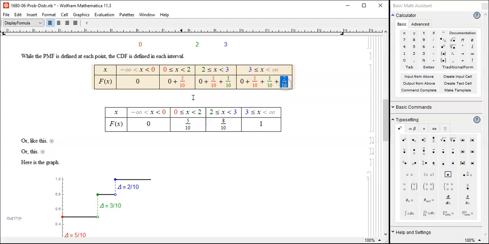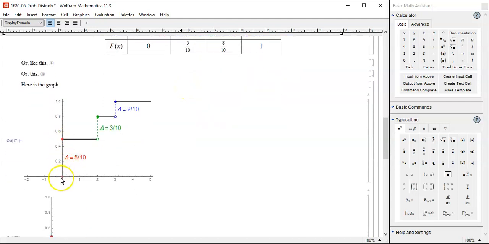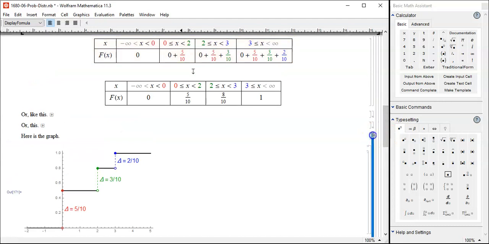You get this blue. So that's the jump. If you subtract this from that, what do you get? You get this green, and that's this jump here. If you subtract 0 from this, what do you get? You get this red, and that's this jump here. You can easily see the connection between one and the other.